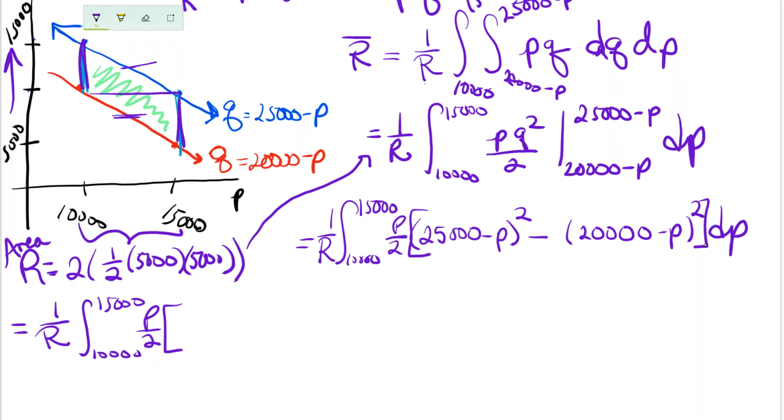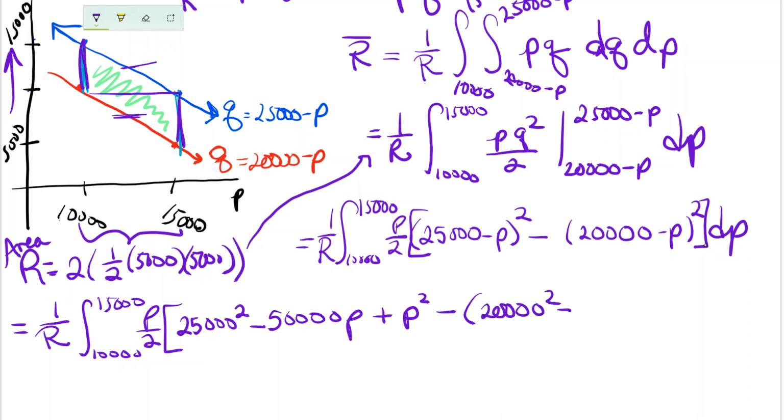Now I'm going to multiply. So, you guys cool with me just writing this first part as 25,000 squared, and I'll calculate it later, and then I'll get negative P times that times negative P, so I'll get negative P and then 2 times 25,000, so this will be 50,000 P's plus P squared minus 20,000 squared, whatever that is, minus, so you got to really watch our minus signs on this.